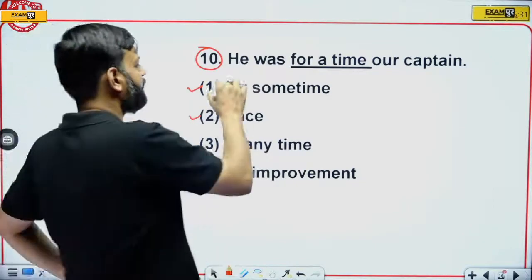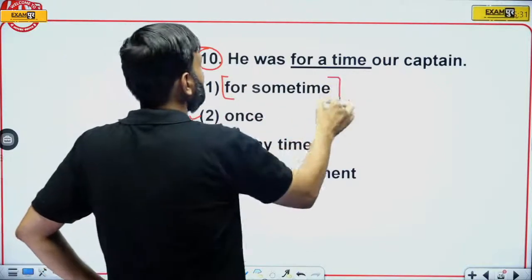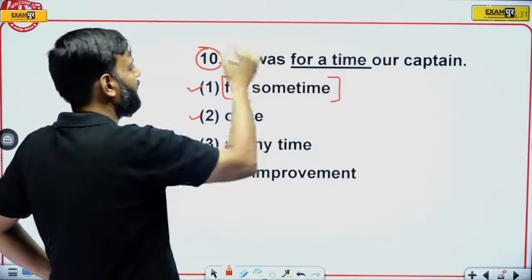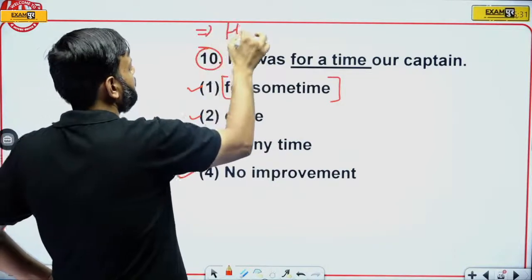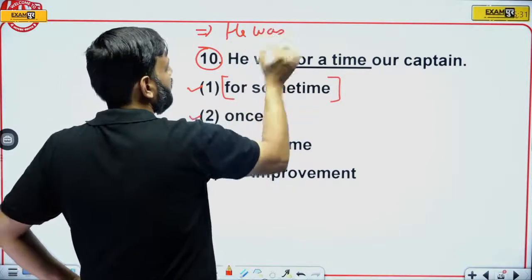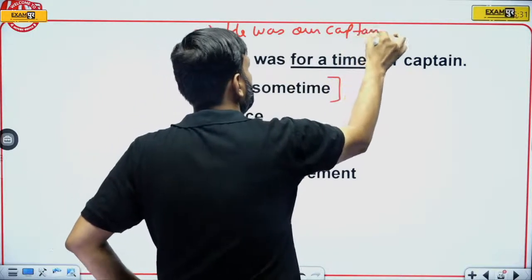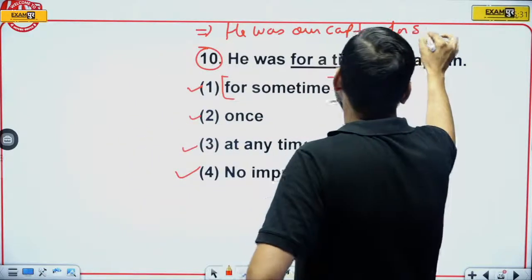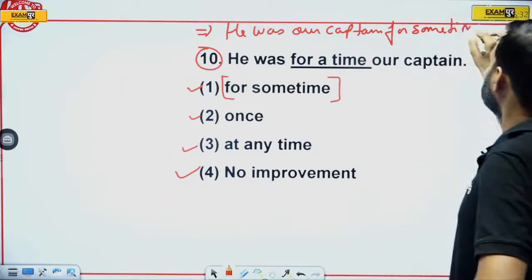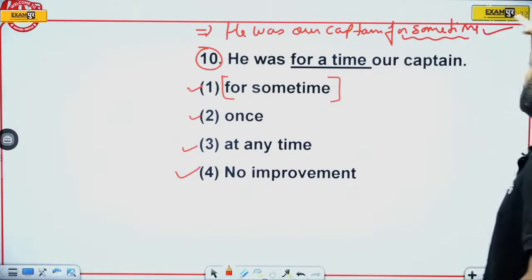See, for sometimes would have been the answer if it were at the end. If the sentence were: he was our captain for some time, this sentence is correct.